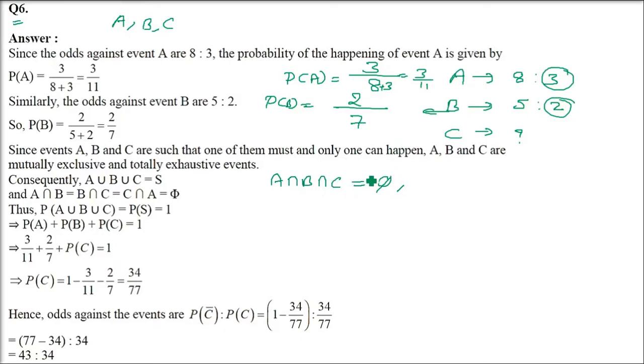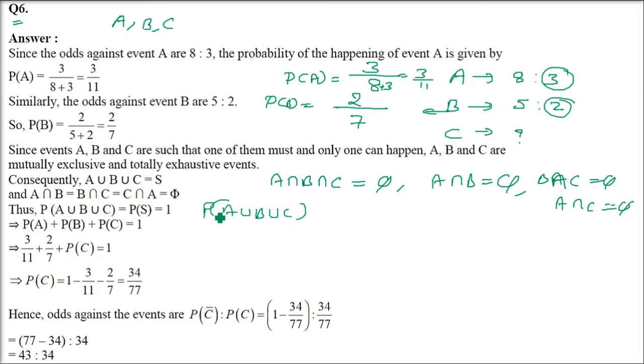A intersection B is the null set, B intersection C is also a null set, and A intersection C is also a null set. Now all these 3 are exhaustive also, so A union B union C is the sample space.